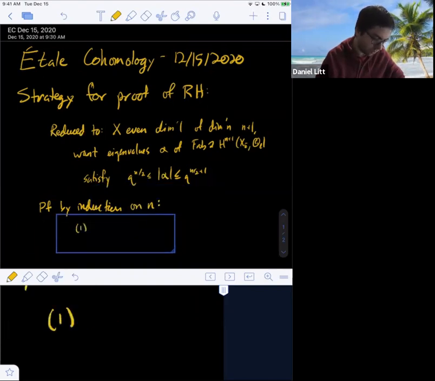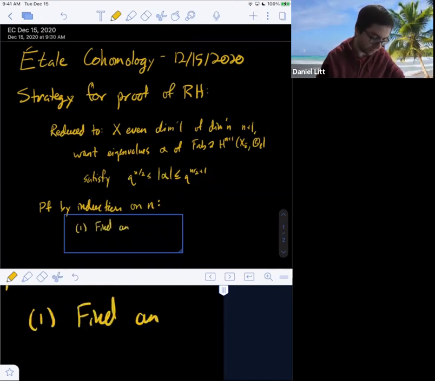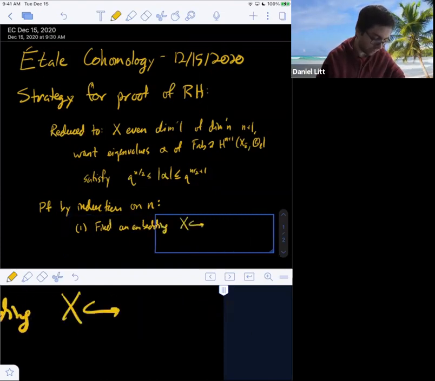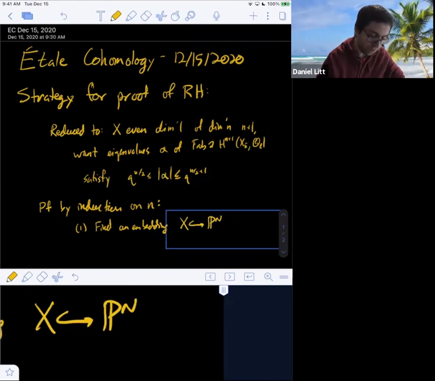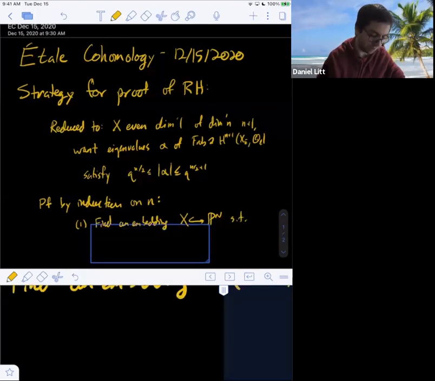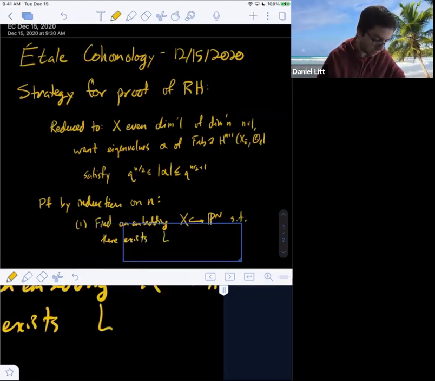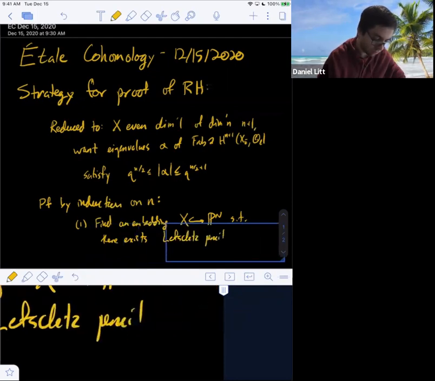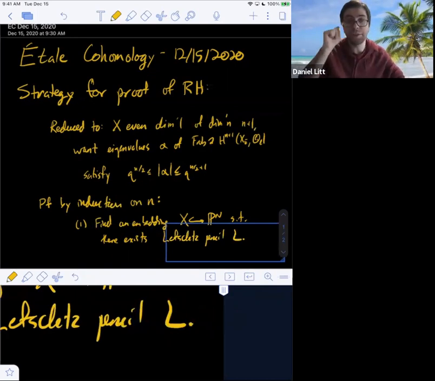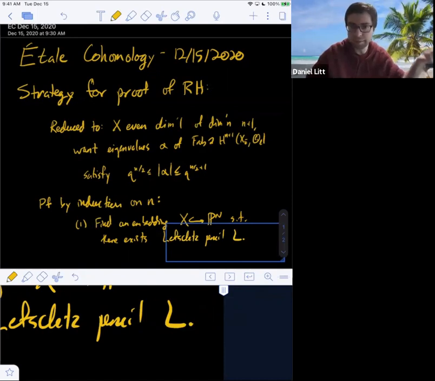So step one was to find an embedding of X into P^N, some big N, such that there exists a Lefschetz pencil L. So let me remind you, over an algebraically closed field, one can do this by taking any very ample line bundle on X, embedding using it, and then maybe replacing it with its square.